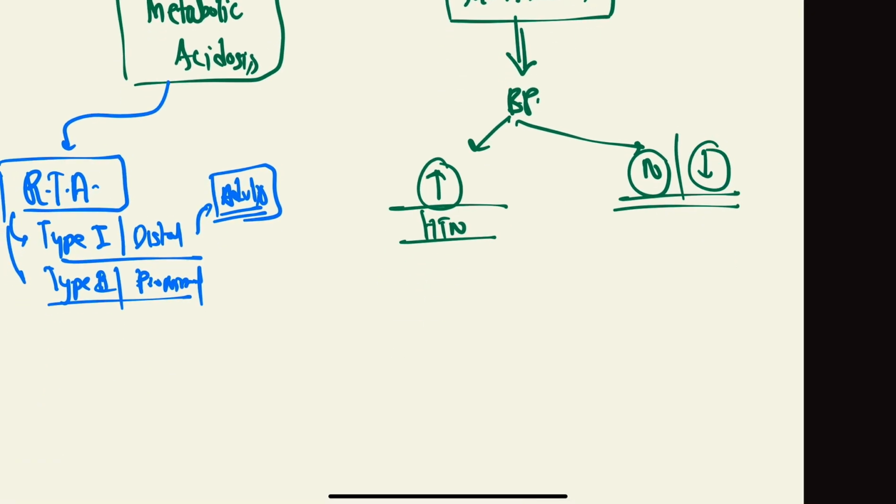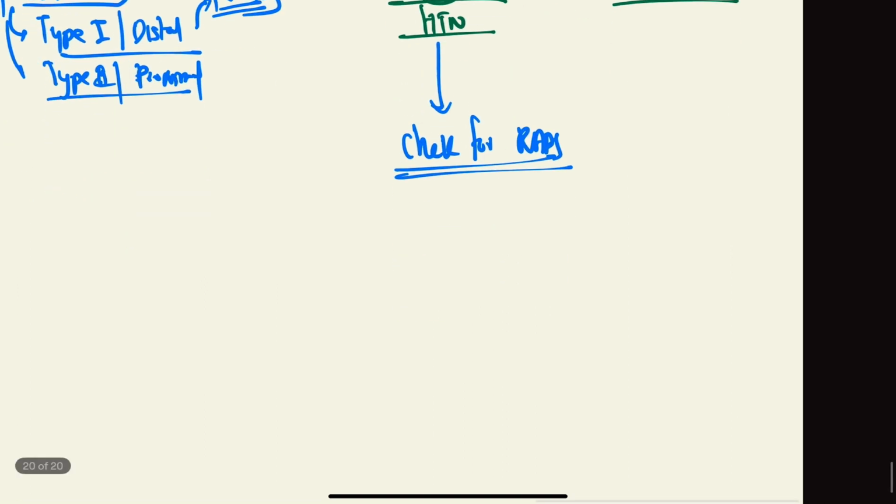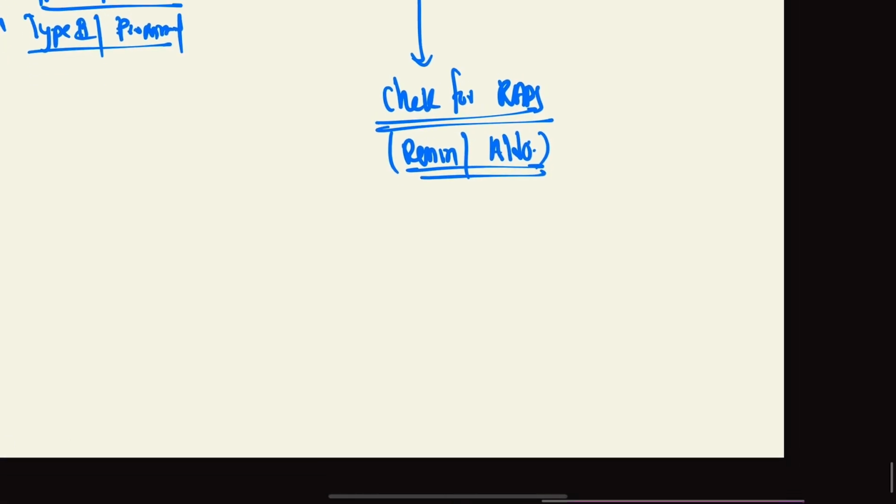If there is hypertension, then we check the renin and aldosterone levels.